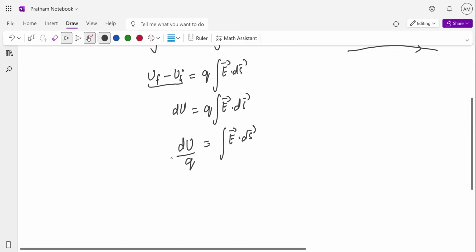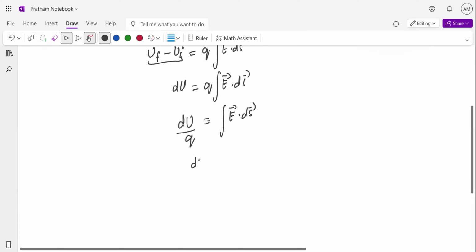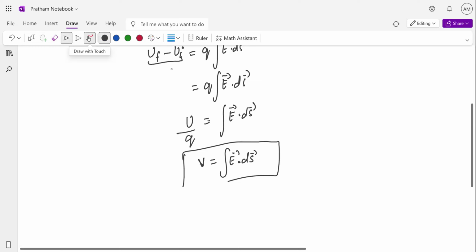Electric potential. So I have figured out one relation between V, E and the distance. Here the change in U by q comes out as the change in potential, dV.